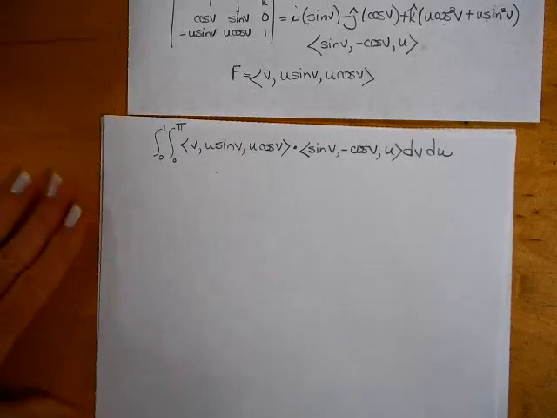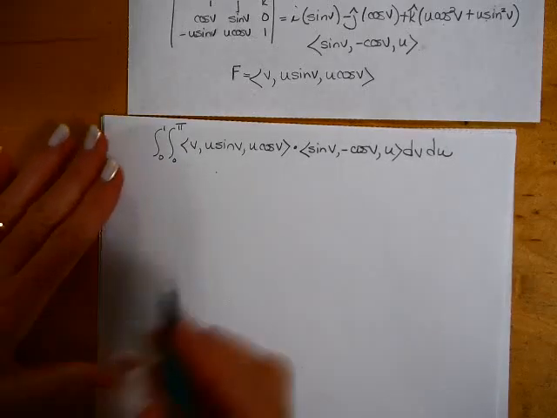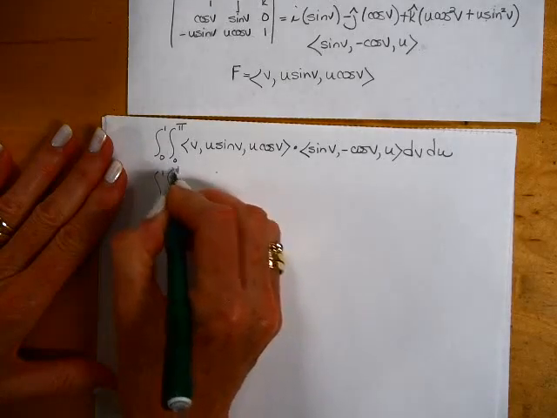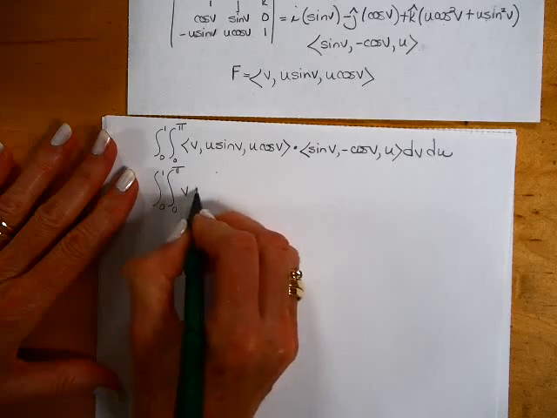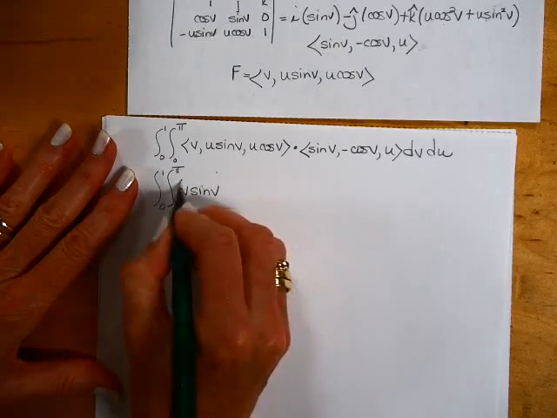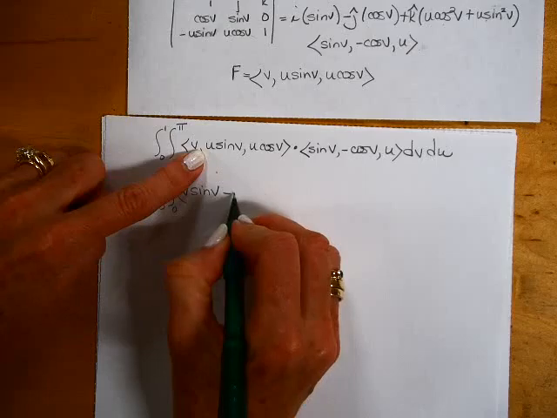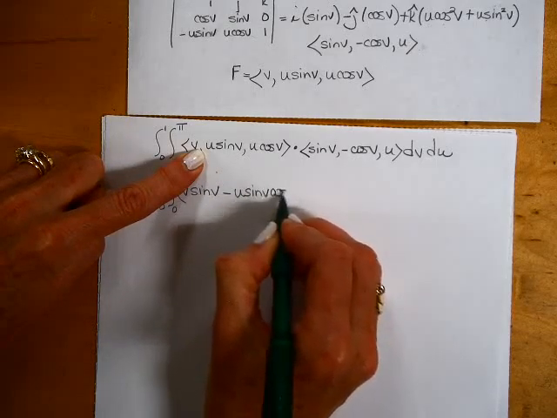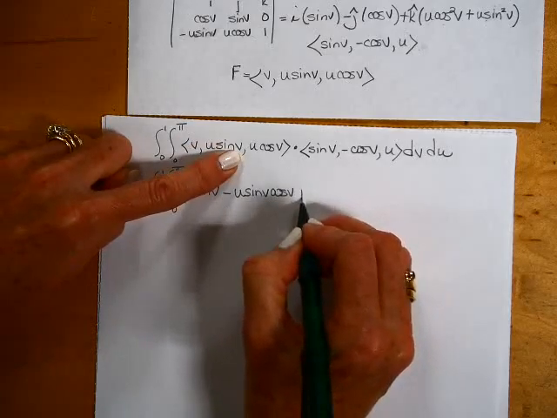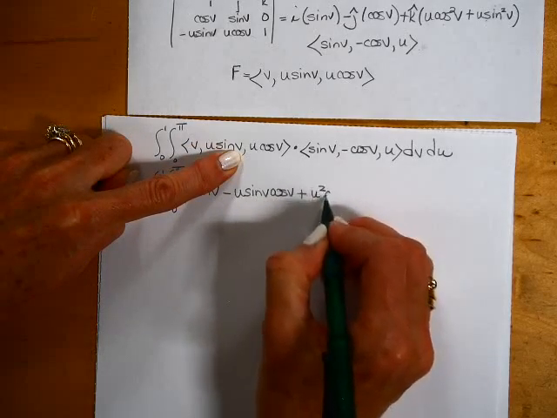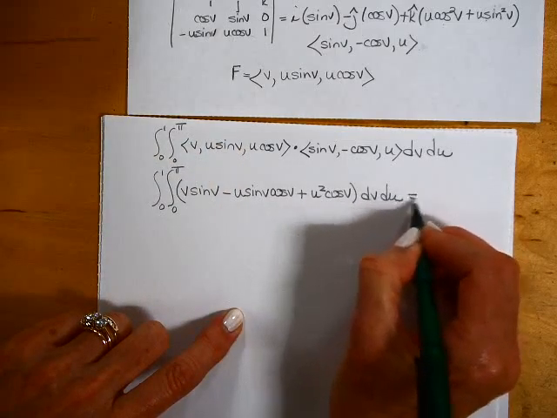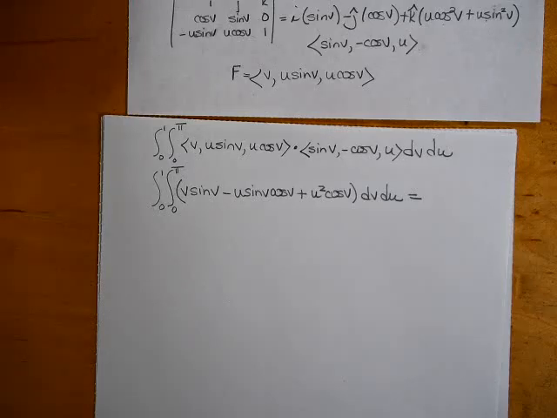And y'all remember how to do a dot product? Before you can put it in your calculators, you need to do that. So that would be v sine v minus u sine v cosine v plus u squared cosine v, then dv du. And then you can put that in your calculators for your surface integral.